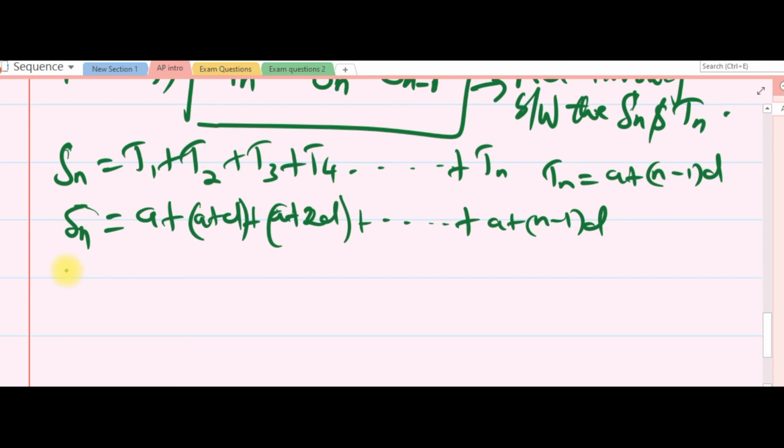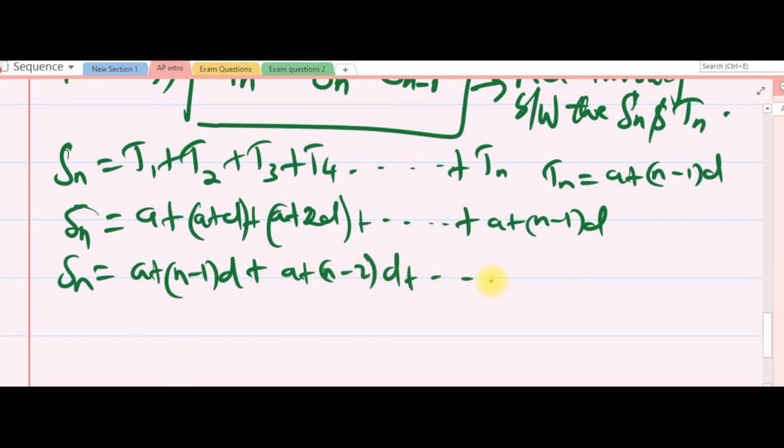Again, for the same sum, we can start from the last one, which is a plus (n minus 1)d, plus the term before that one, which is a plus (n minus 2)d, down to a plus d and a. So we just started from the last and summed to the first. So this is equation 1, this is equation 2.